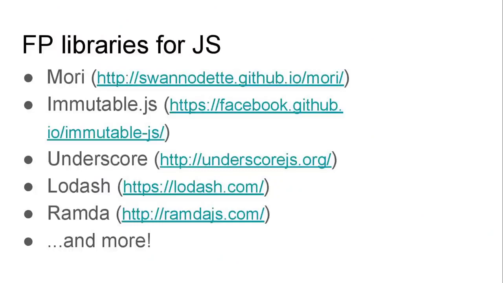There's also a lot of utility libraries which don't focus so much on this persistent data structure thing, but instead give you a lot of helper functions like map, reduce, etc. So Underscore, Lodash, for example. Today I found out that Ramda is a thing because there was a talk on it the other day. And there are many more.